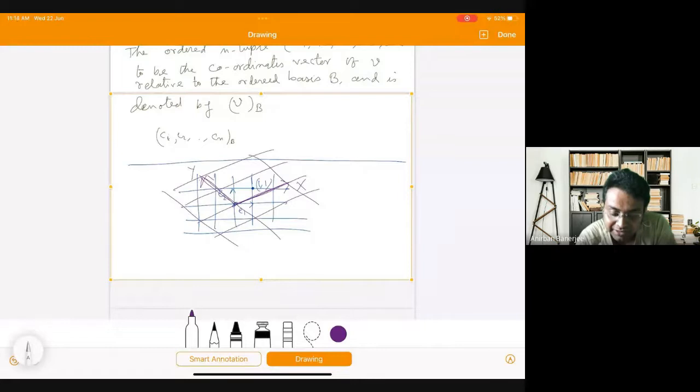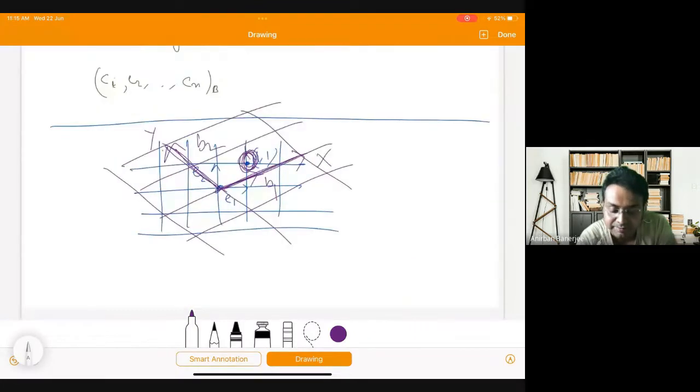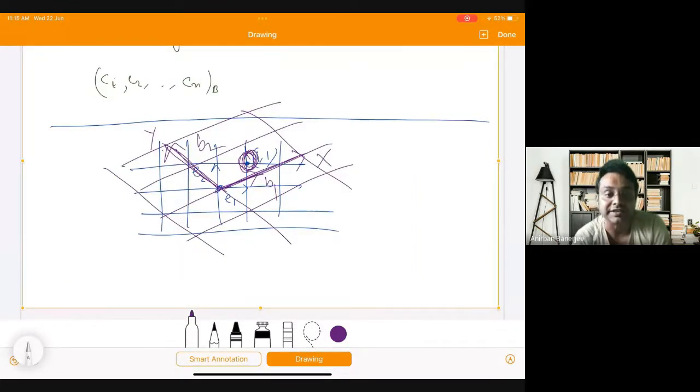Along this, if you take the unit vector, let's say this is b1, and along this y-axis, the unit vector is, let's say, b2. Then you have to represent the same point in his coordinate system.